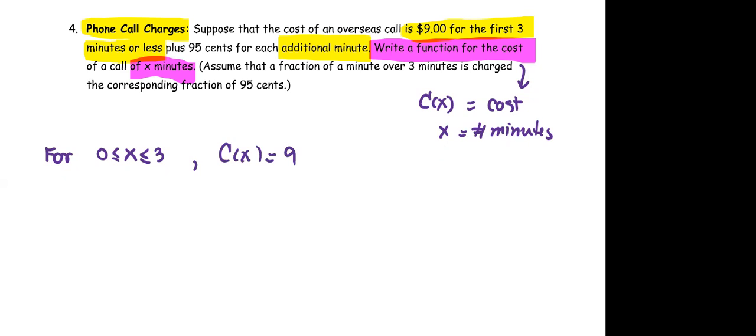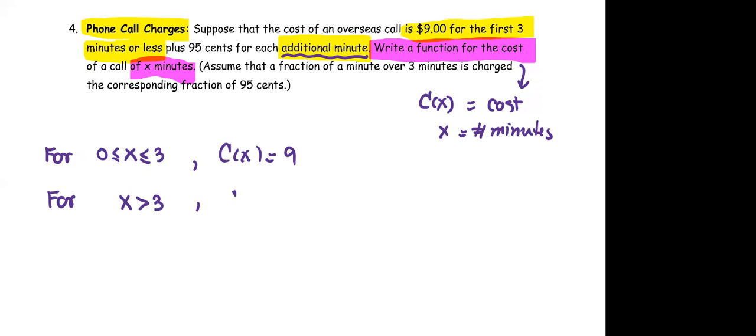Okay, and the other part of the problem said for the additional minute, that means for any minute beyond 3 minutes. So I put the option as for x greater than 3.